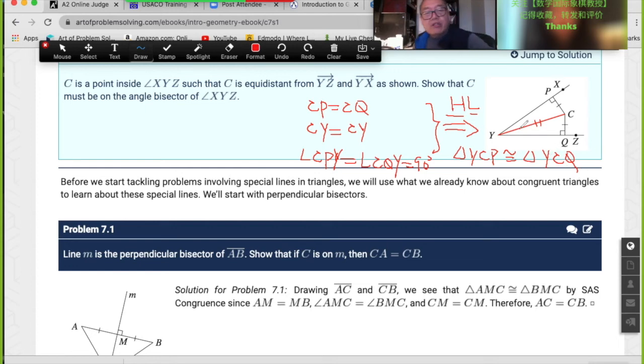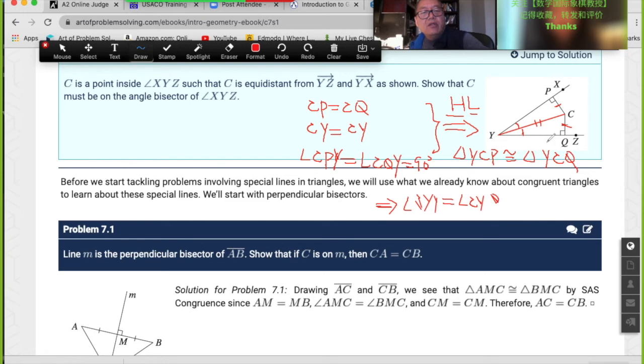After you got these 2 triangles congruent, the corresponding angles are equal. So this angle equals this angle, because they are corresponding, opposite of this side and this side. So we get angle CYQ.